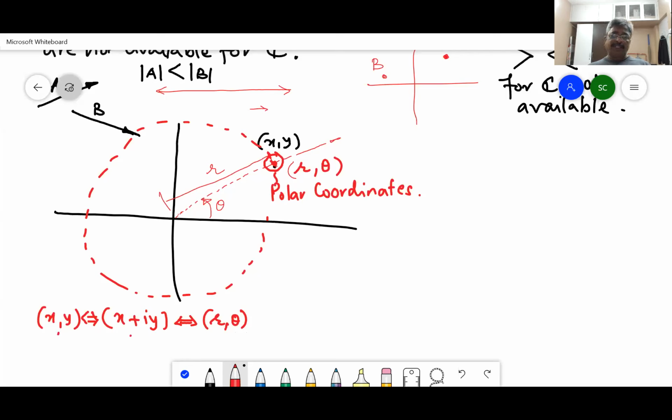From here to here it is easy. How do we go from here to here? So x is r cos theta and y is r sin theta. Yes, that is better. x is r cos theta.